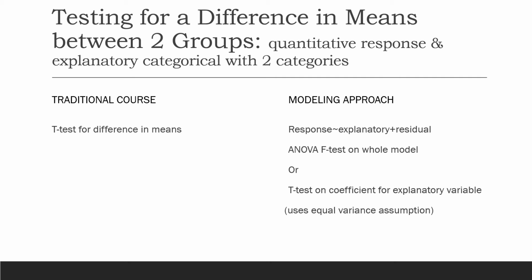Using a modeling approach, we fit a model that looks at the response as a linear function of the explanatory variable. And then we do either an ANOVA F-test on the whole model or a t-test on the coefficient for the explanatory variable. And either of those are actually going to be exactly equivalent to doing a t-test for a difference in means using an equal variance assumption.